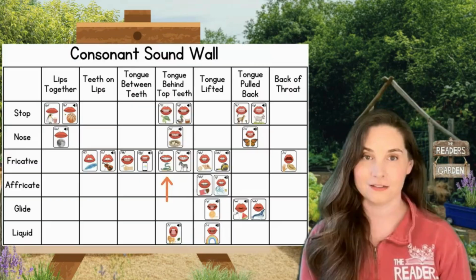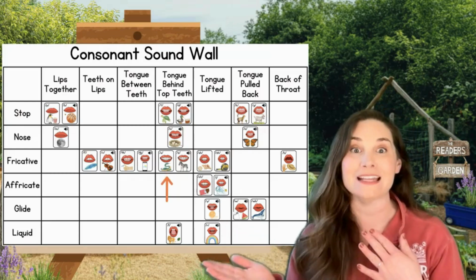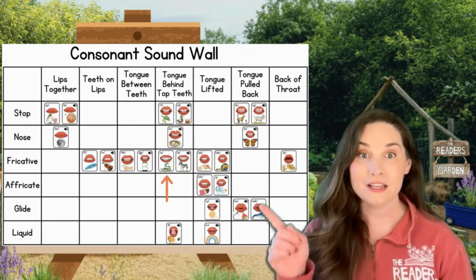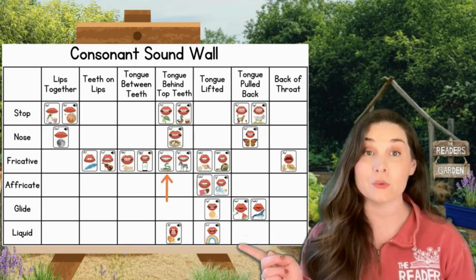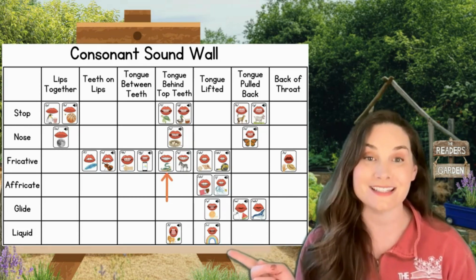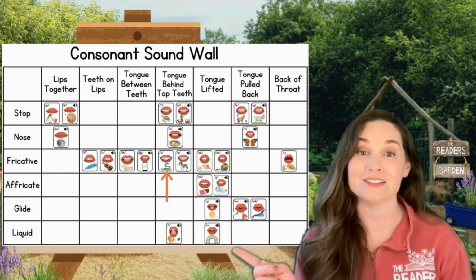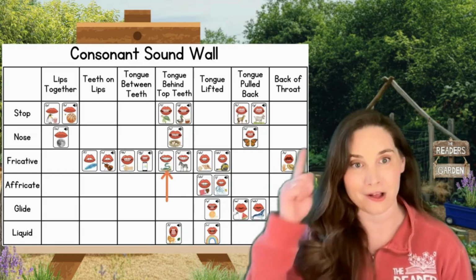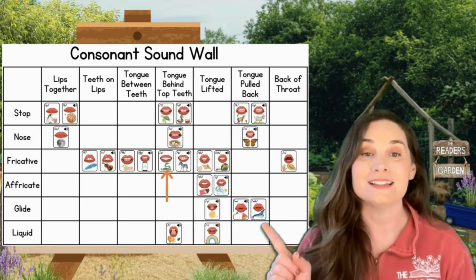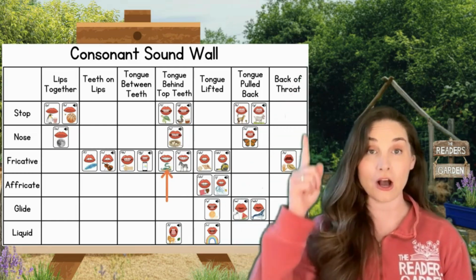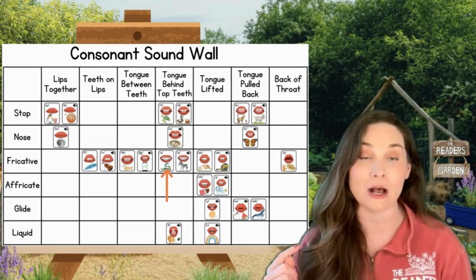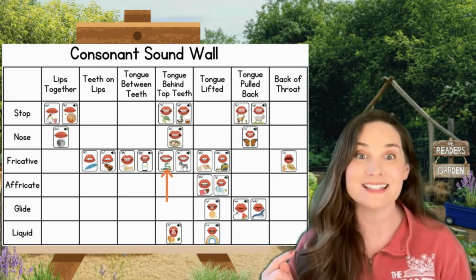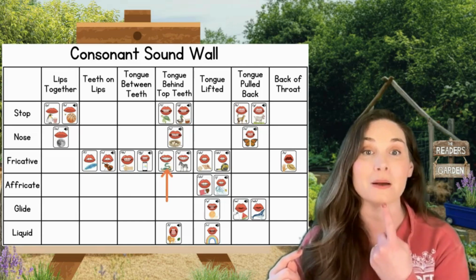Let's check out our consonant sound wall and see where we'd find that sound. Now, if you look over to where that arrow is pointing, it's pointing to the sound S. And you can tell too because it has that snake there to help us remember. So the S sound is under the column that says tongue behind top teeth. So when we make S, our tongue is behind our top teeth.